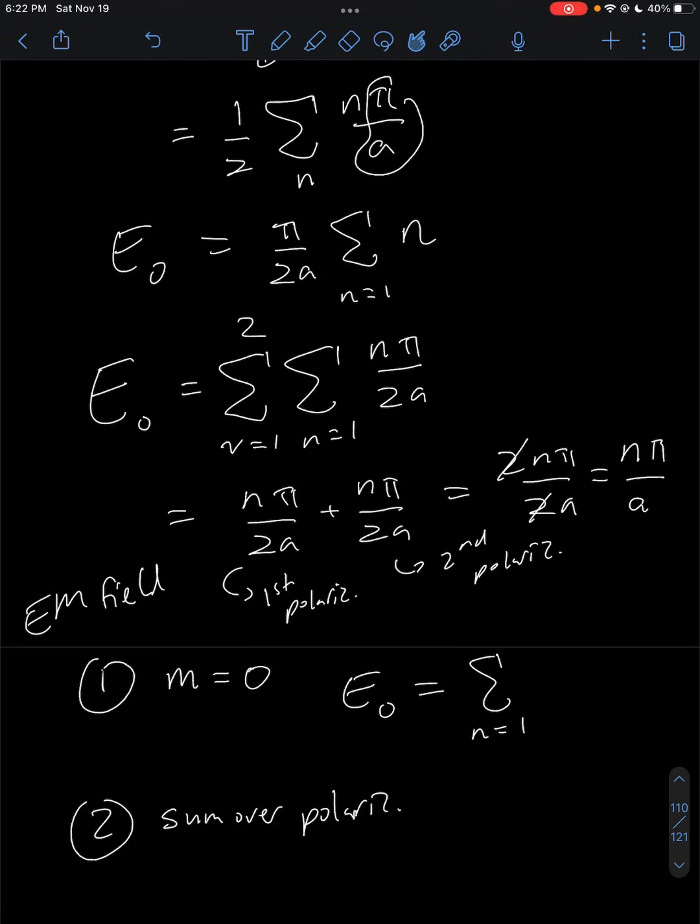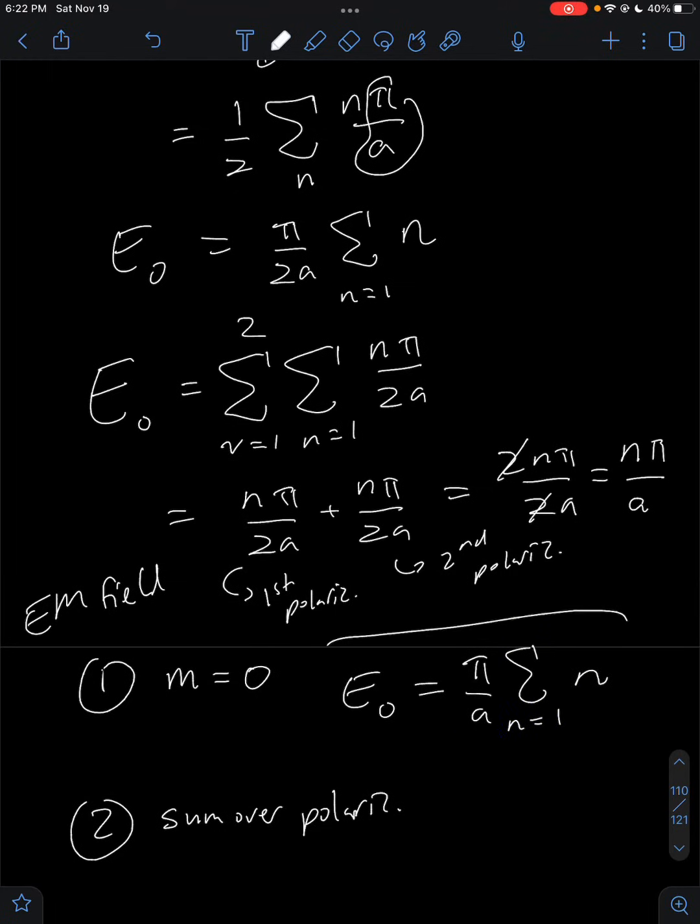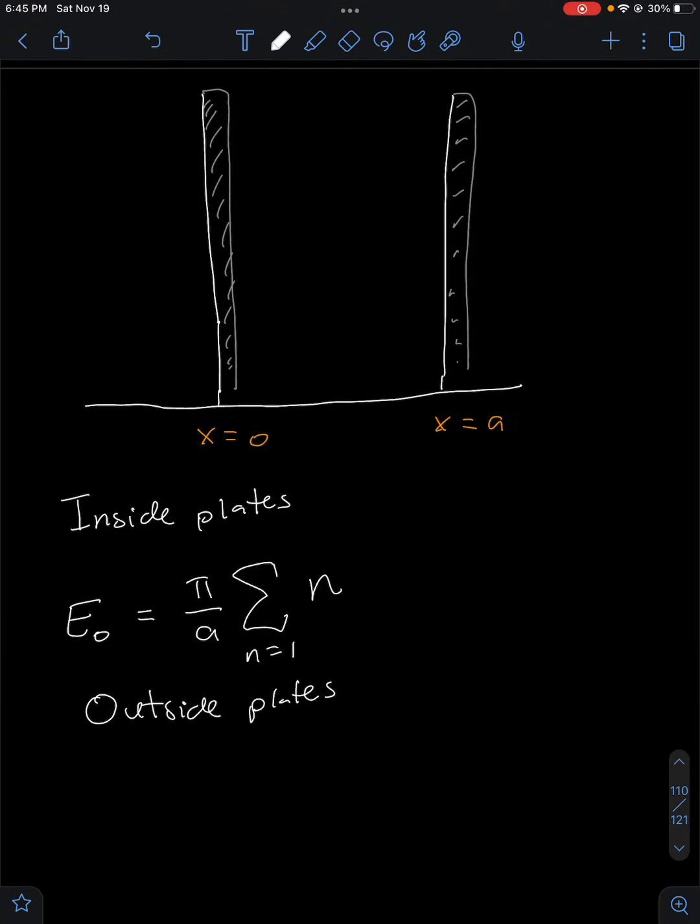We can, again, take out the pi over a to the front, and then just n. So here's the energy density inside of the plates for a photon field. Our energy density inside of our plates is going to be this summation over here.